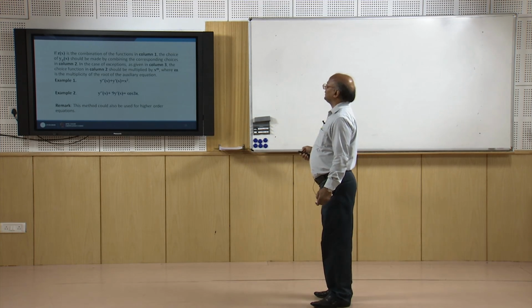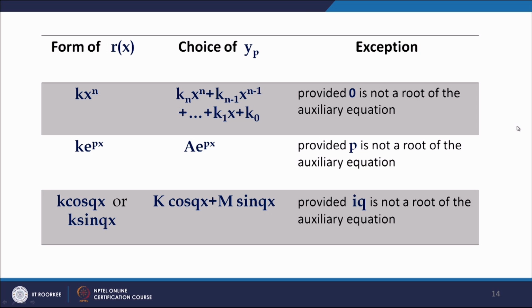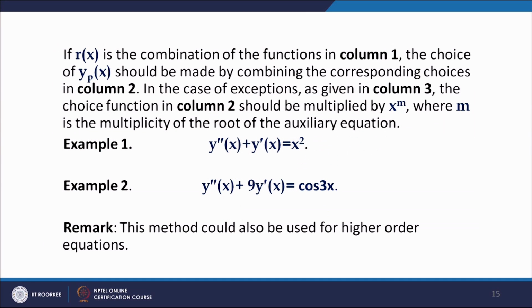So here let us see, if Rx is the combination of functions given in column 1, then the choice of yp(x) should be made by combining the corresponding choices in column 2. In the case of exceptions as given in column 3, the choice function in column 2 should be multiplied by x to the power m.